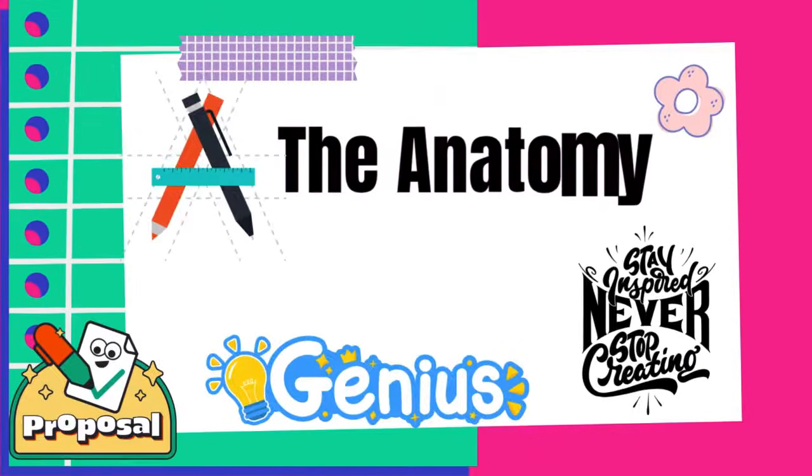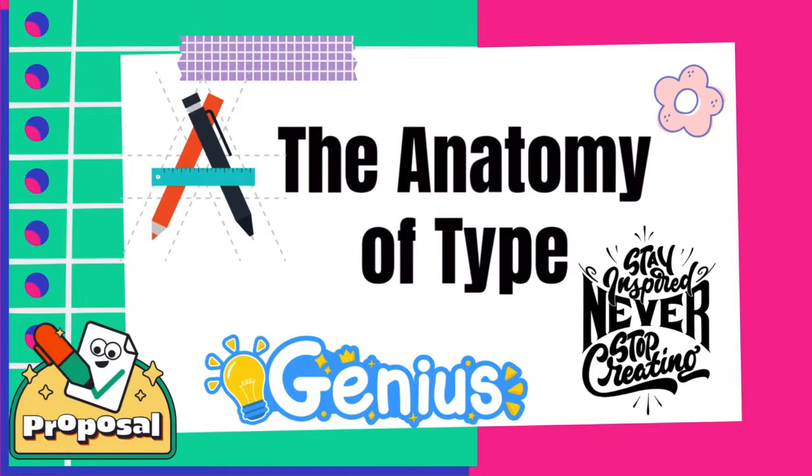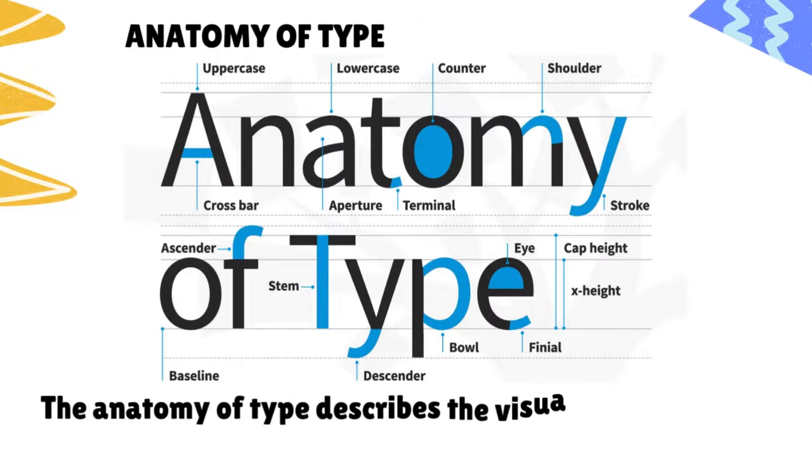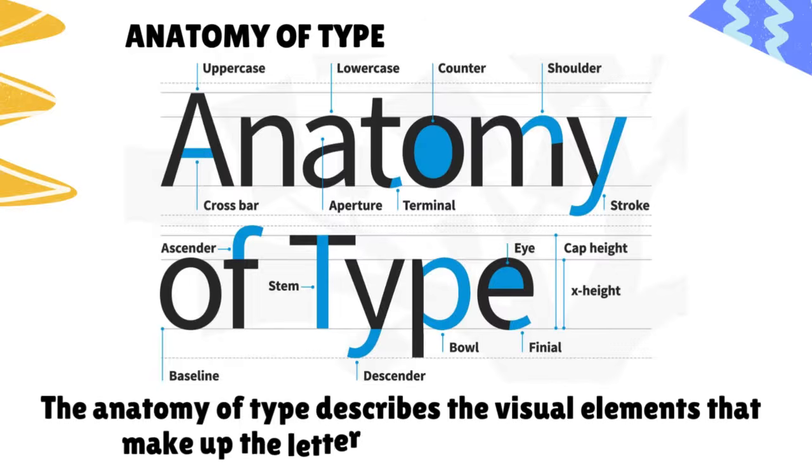The anatomy of type. The anatomy of type describes the visual elements that make up the letter forms within a typeface.